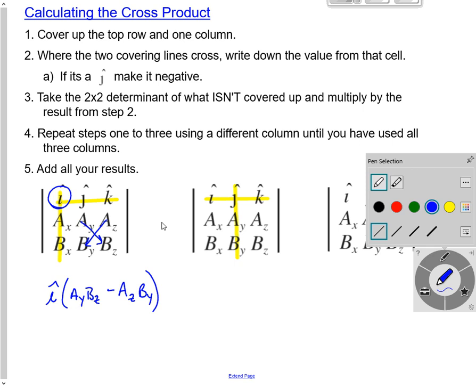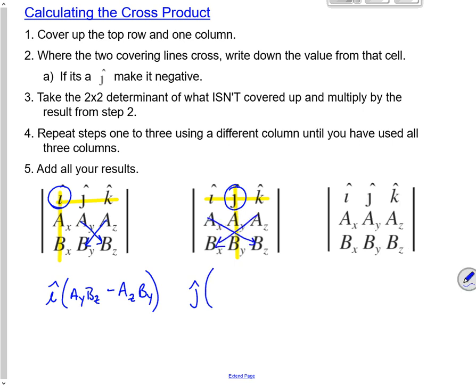First I write down the letter where they intersect, and then I take this times this minus this times this: AX BZ minus AZ BX. The trick here is that the J hat has to have a negative sign put there.